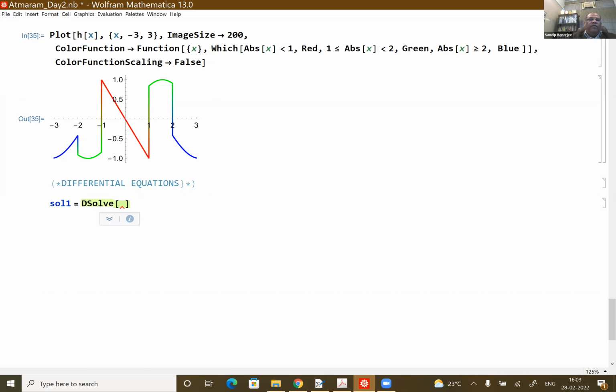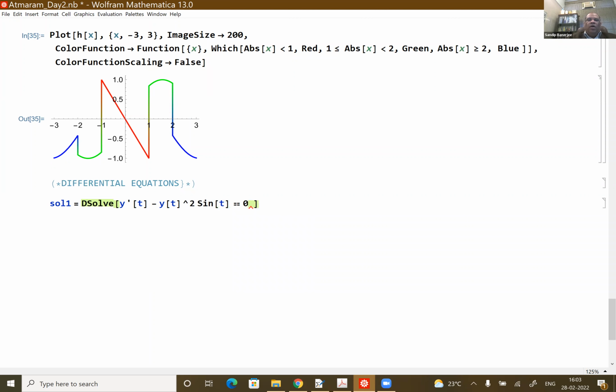Say I take the differential equation as y dash t minus y(t) squared multiplied by sine t equal to 0.